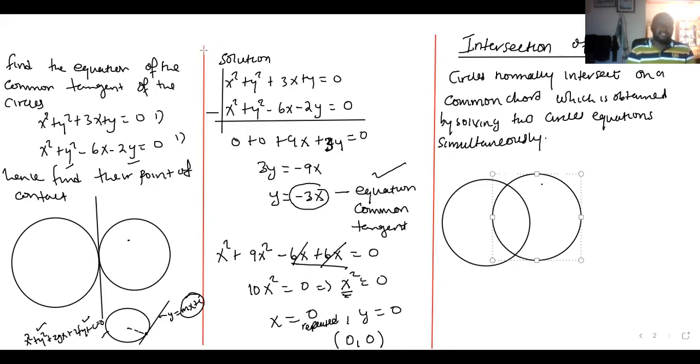As they intersect, they get what we call a common chord. That is the common chord for those two circles. They intersect here at A and here at B, and they have their centers, center C1 and center C2. So I call this the common chord.